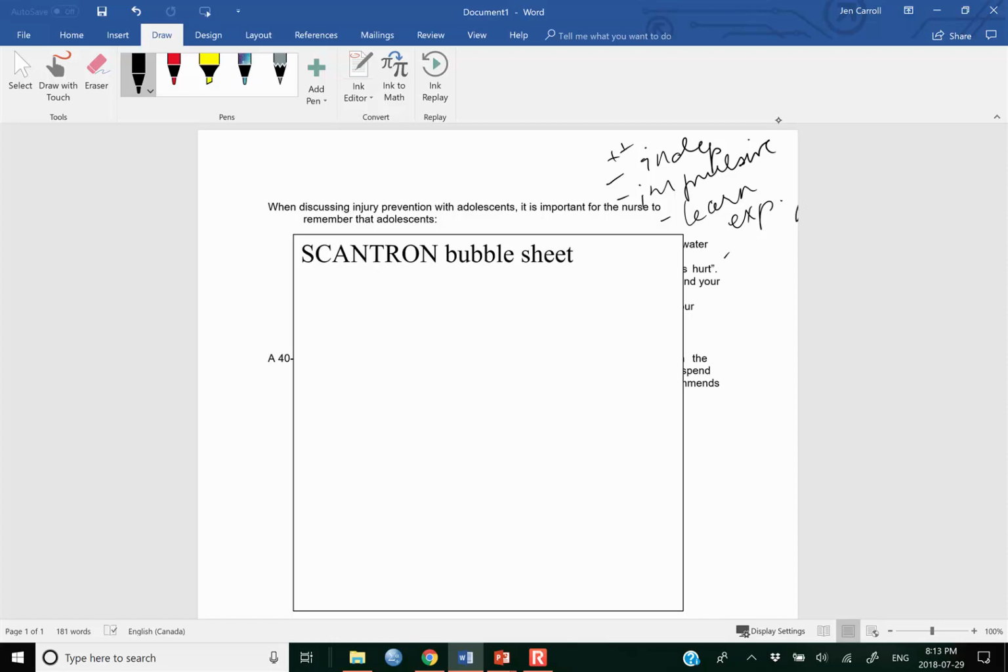Abstract ideas are coming into play, so they might take people's advice, but if you're telling them about injury prevention and saying, you need to be careful on your bike or your motorbike or your car or whatever, because back in my day I did blah blah blah, you've lost them. They've tuned you out. It's better to use a concrete example that they can see in day-to-day life, but then the abstraction comes in applying it to themselves.